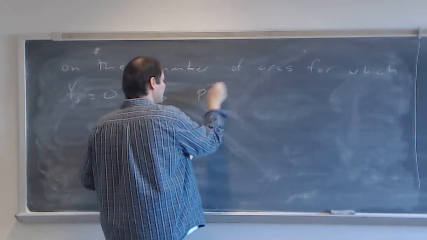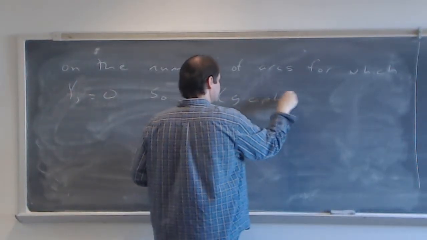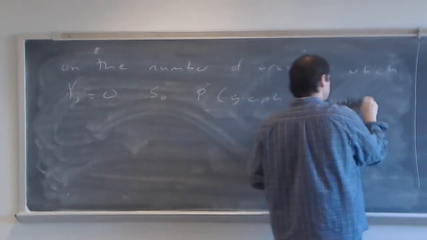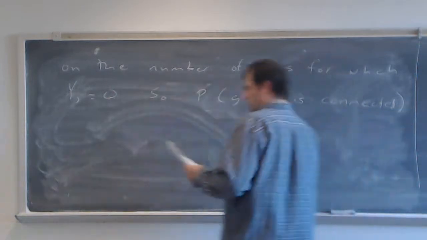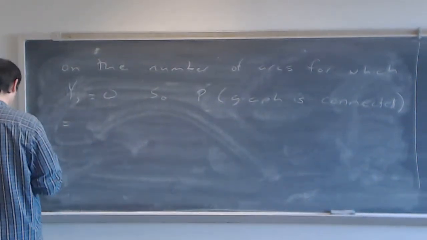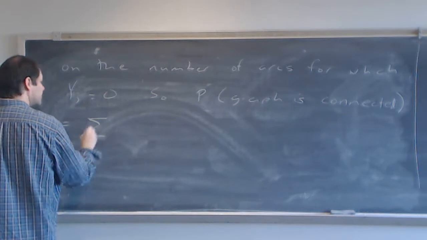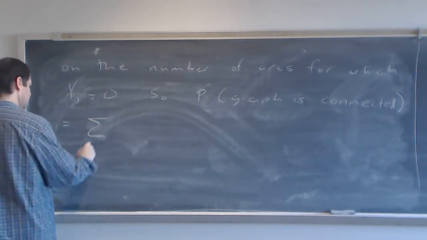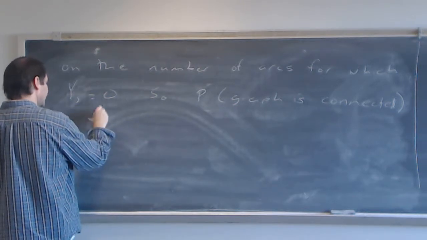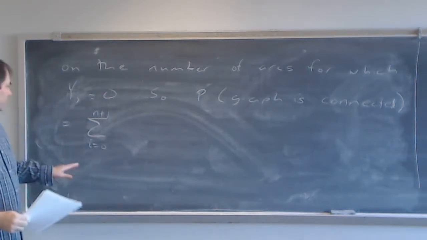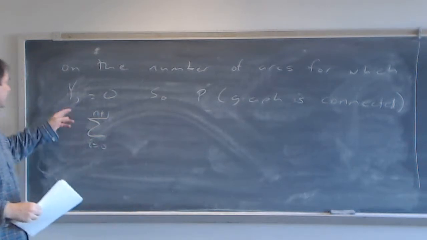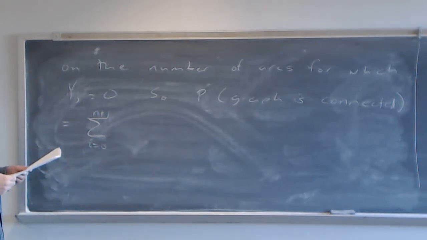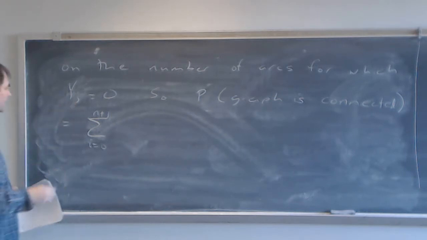So the probability that the graph is connected equals the sum as I goes from 0 to n plus 1. I said y sub j equals 0, but maybe call it y sub I. Well, y sub j is fine.